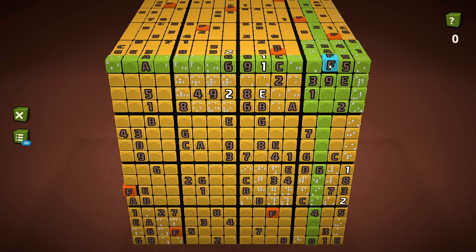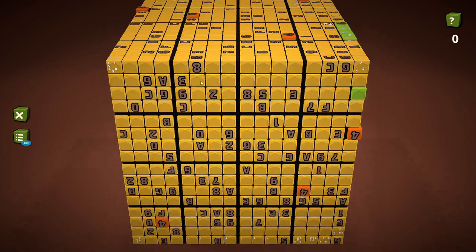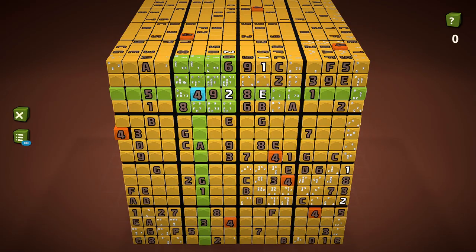An F. Then we have a G. Okay, so if we recall that this row can't be 4s, you know what? Let's do all the rest of the 4s. No, and no. No, no, no.